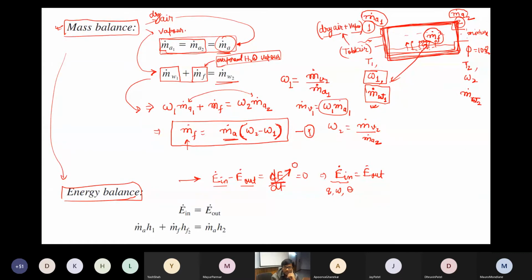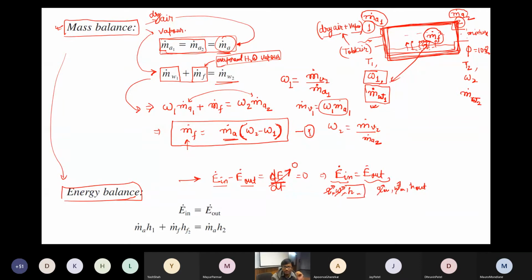To be more precise, I can write in terms of enthalpies: Q in, W in, H in, and similarly Q out, W out, H out. There are no heat transfers and no work transfers happening here.